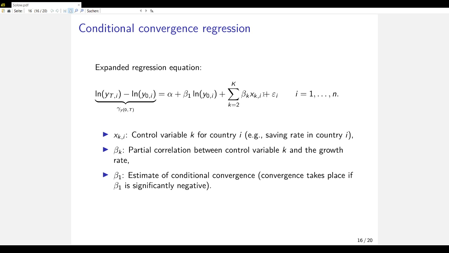And in this case, the coefficient beta 1 would indeed be an estimate for the rate of conditional convergence, and the coefficients beta k here would be the partial correlations between the control variables and the growth rate.